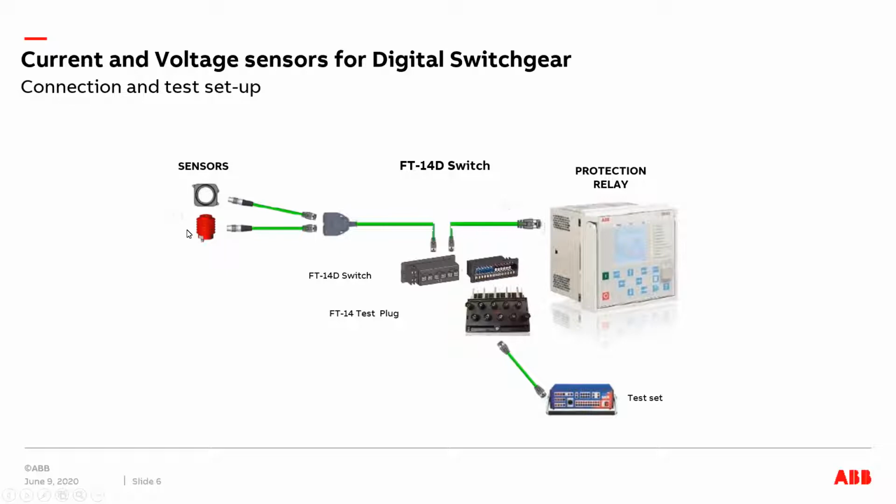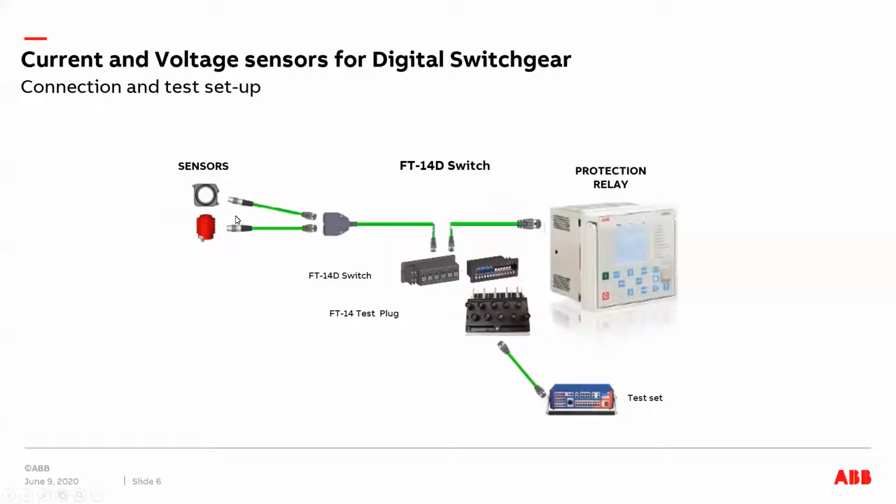Down below, what you see is a voltage sensor. It's basically a voltage divider. This voltage sensor replaces the traditional PT in a switchgear. So these are the low energy analog output devices.